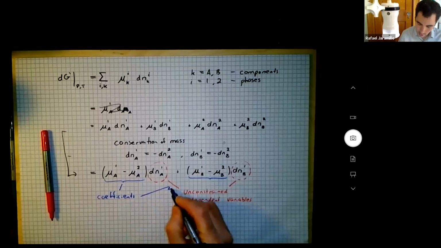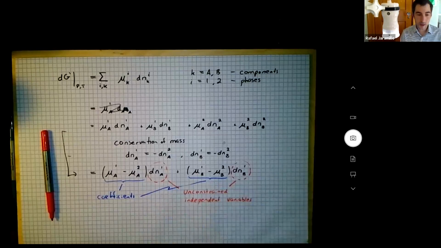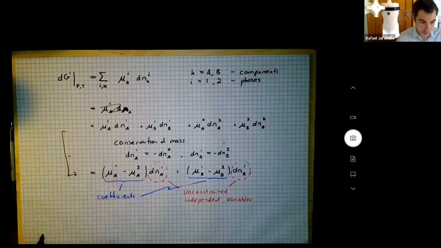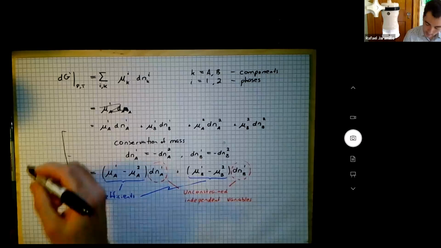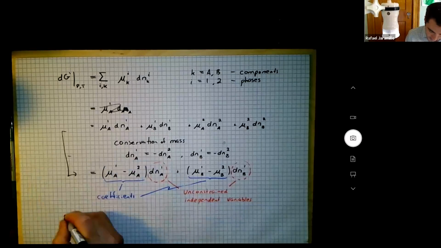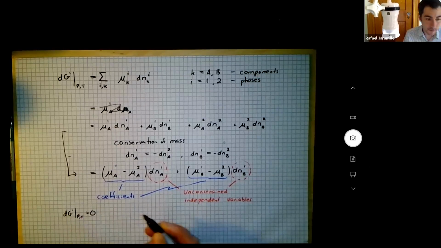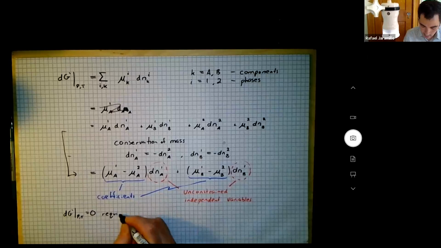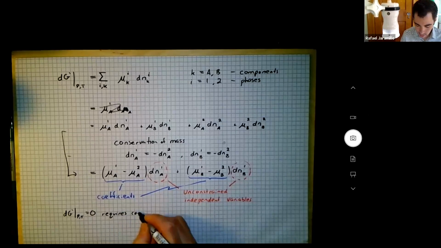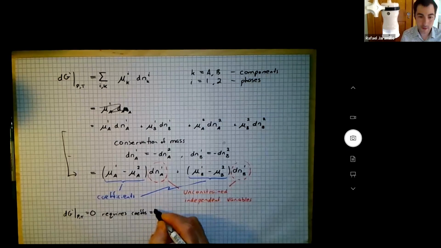Right, coefficients. Good. So this is a form that we are familiar with. And we know from when we've solved equilibrium conditions before in this class that dG at constant P, T equals 0 requires the coefficients to be 0. That's our equilibrium condition.